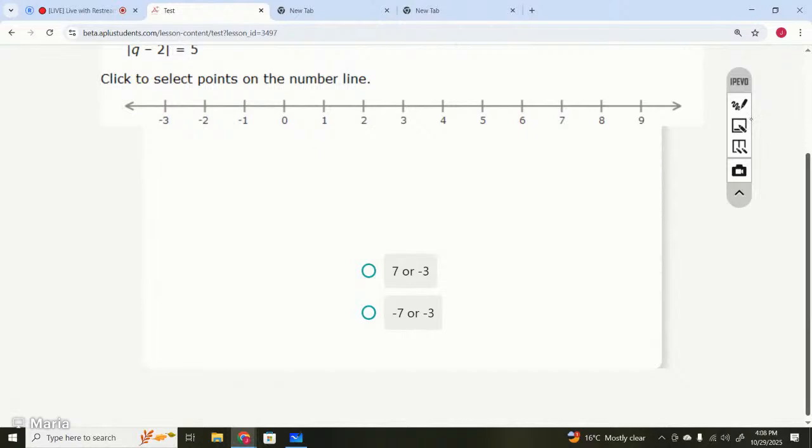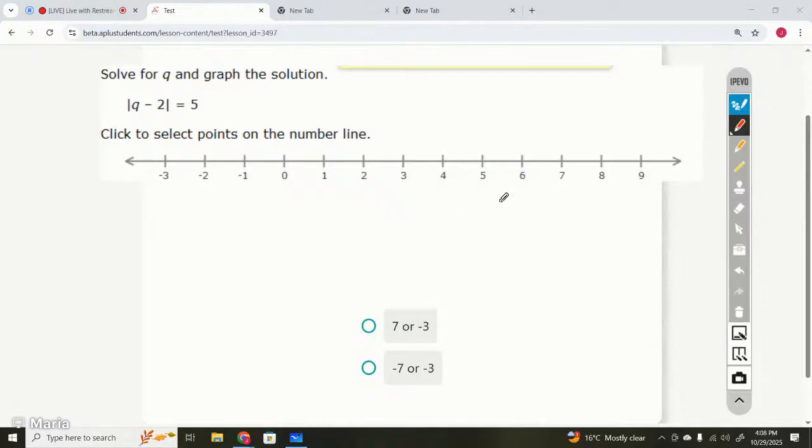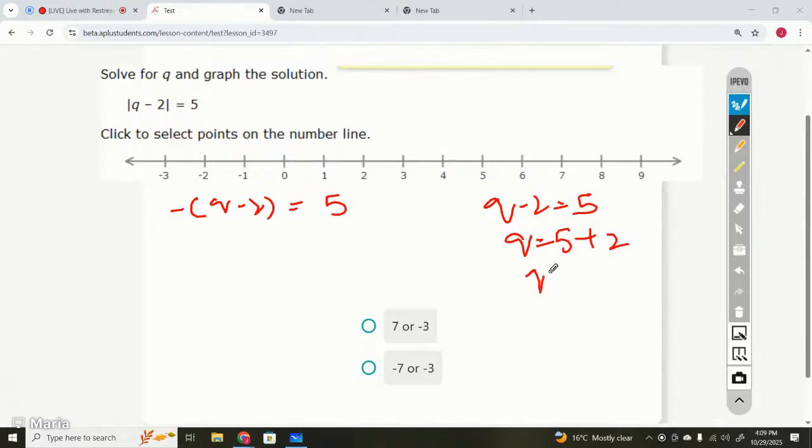Okay, the absolute value of q minus 2 equals 5, right? So it would be either positive or negative. So q minus 2 equals 5 and negative q minus 2 equals 5. So q equals 5 plus 2, q equals 7.